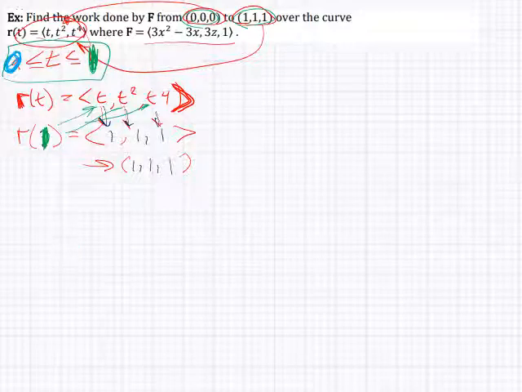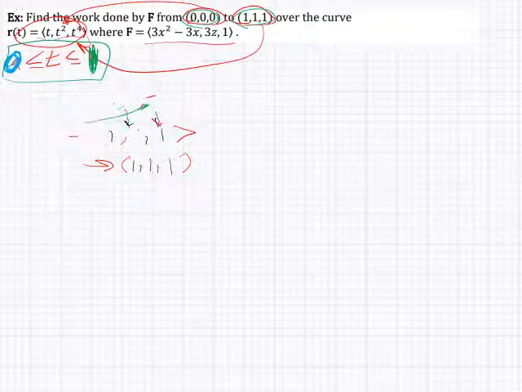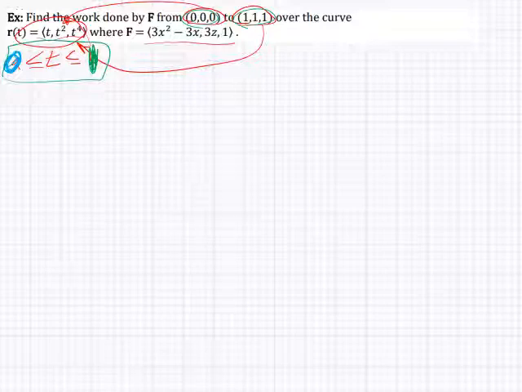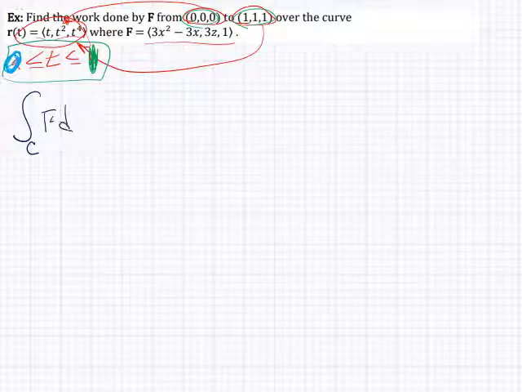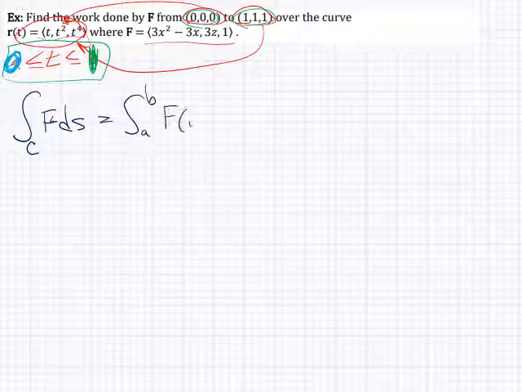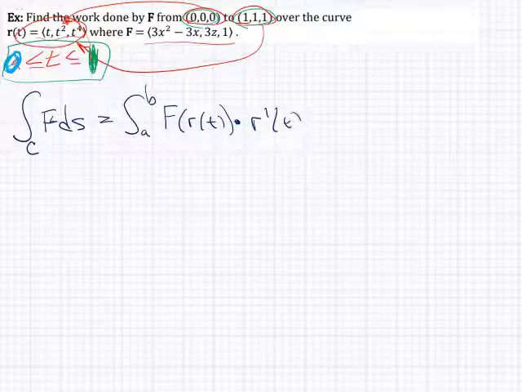The second piece is to calculate the vector line integral. In order to calculate the vector line integral, integrate this function with respect to arc length over the curve, we have to do the integral from a to b of f of r of t dot r prime of t dt.